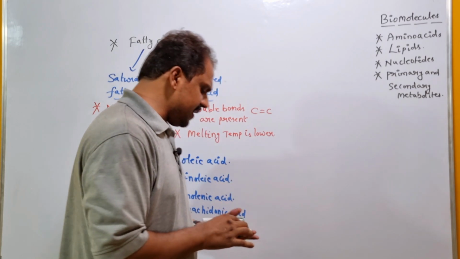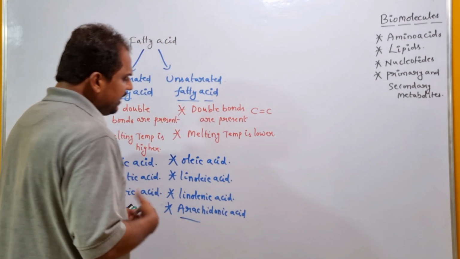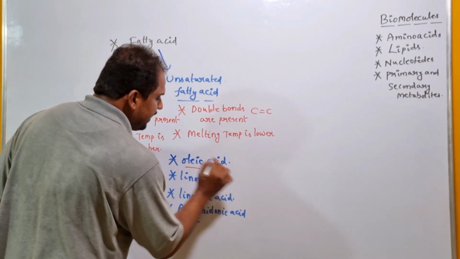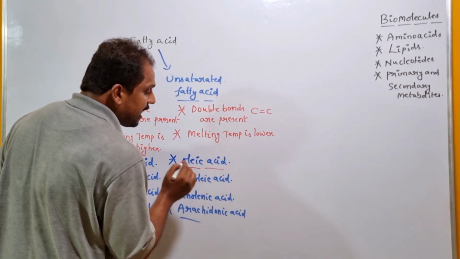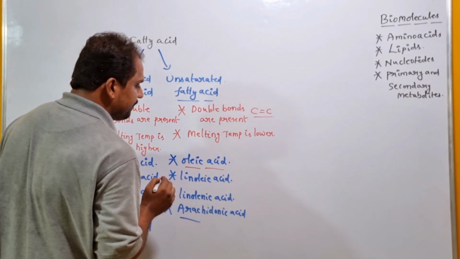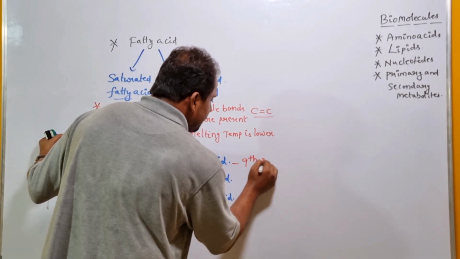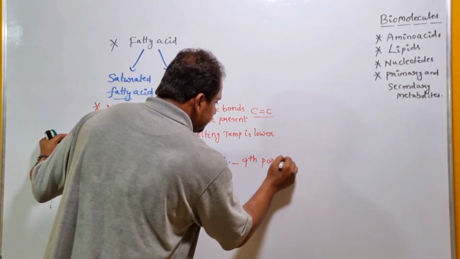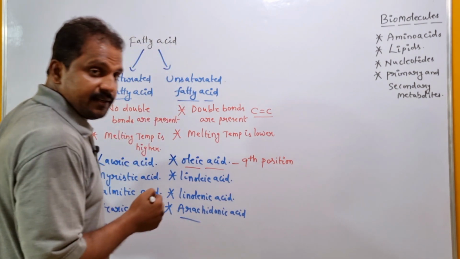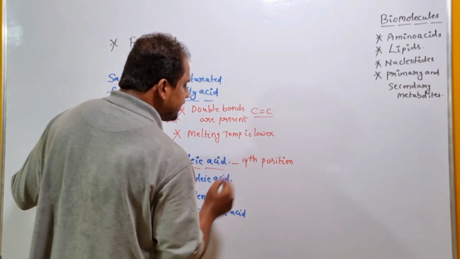In order to understand this concept, let me explain. In case of oleic acid, the double bond between two successive carbon atoms is present only at the ninth position. Is it clear? Oleic acid contains a double bond only at the ninth position.